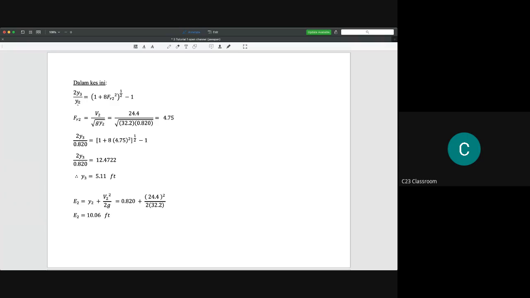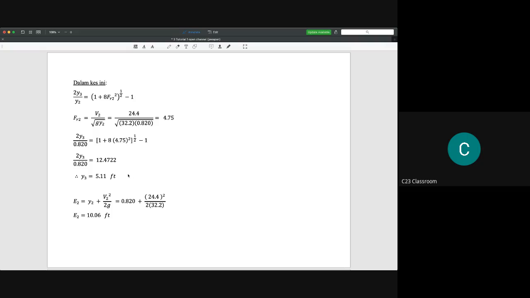So we can substitute into the equation, and then we need to calculate the value of the Froude number at point number 2, the point where the hydraulic jump has not occurred yet. Substituting in this equation, we get 4.75. And then substituting in the equation, we find that Y3 is equal to 5.11 feet.